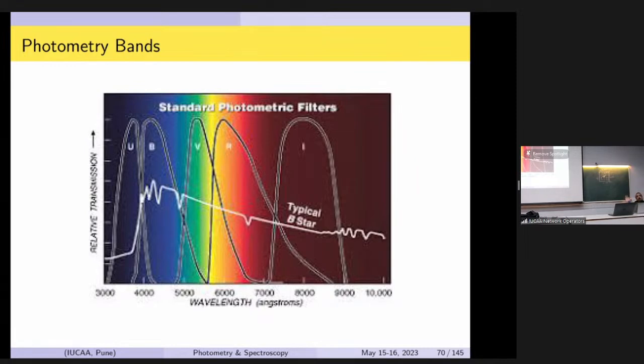LEDs were there even in those days. So you make a simple circuit, or even a bulb, with a switch here, and this is your bulb or LED, it doesn't matter.